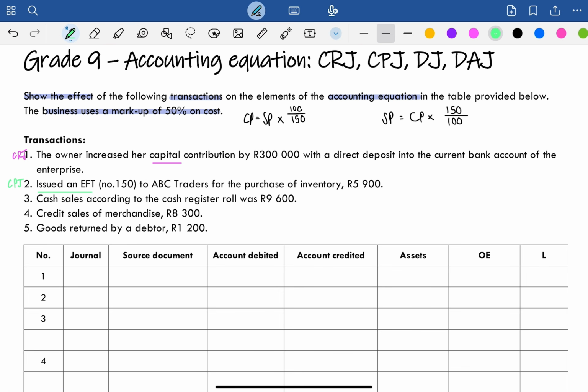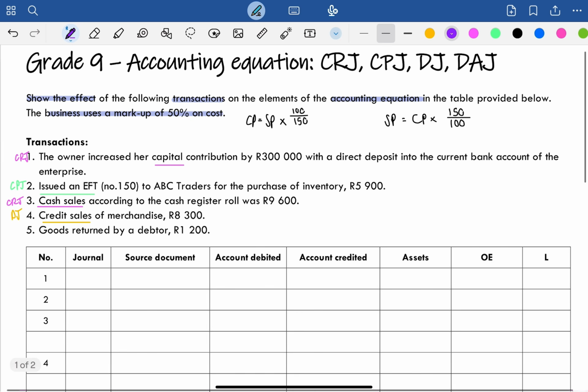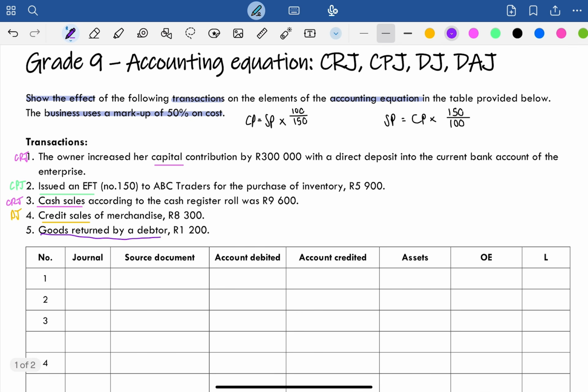Then the third one says cash sales according to the cash register roll, that represents a CRJ transaction. Then number 4 is credit sales, which is always going to be seen in the DJ. And then number 5 is a debtor returns goods, which will then go to the DAJ.